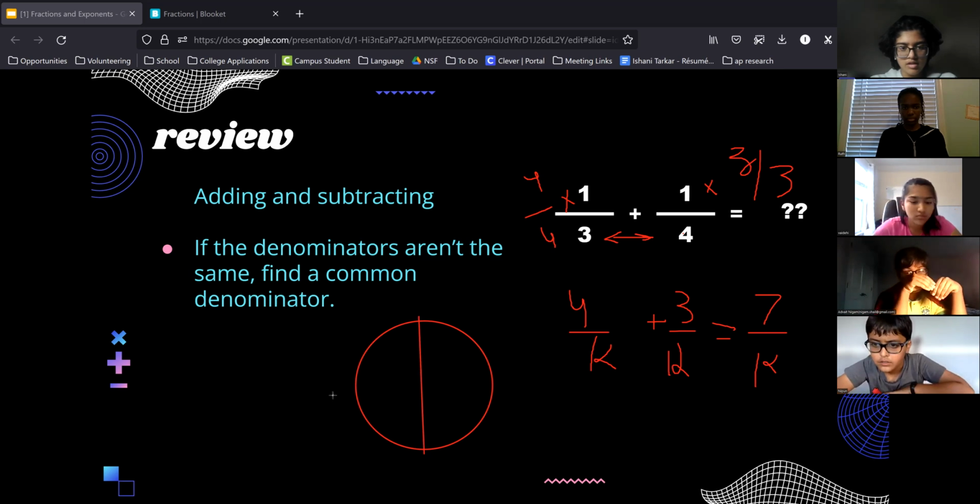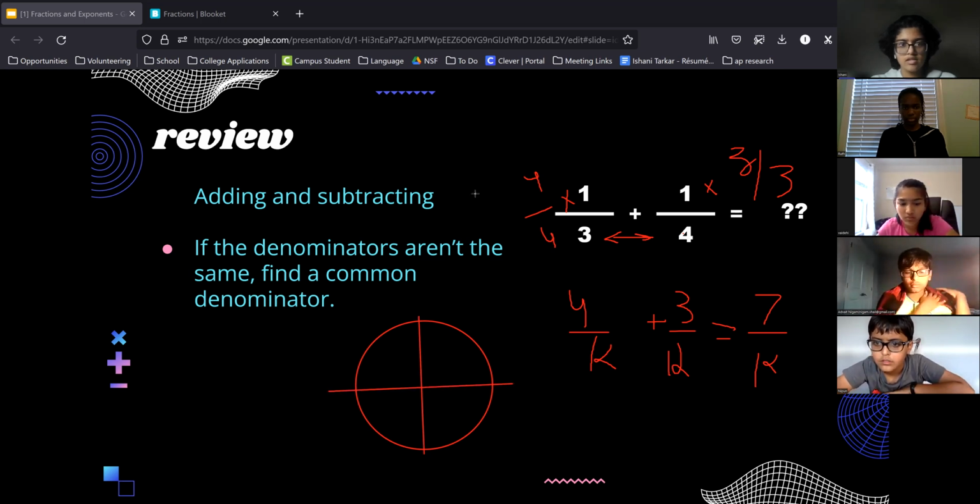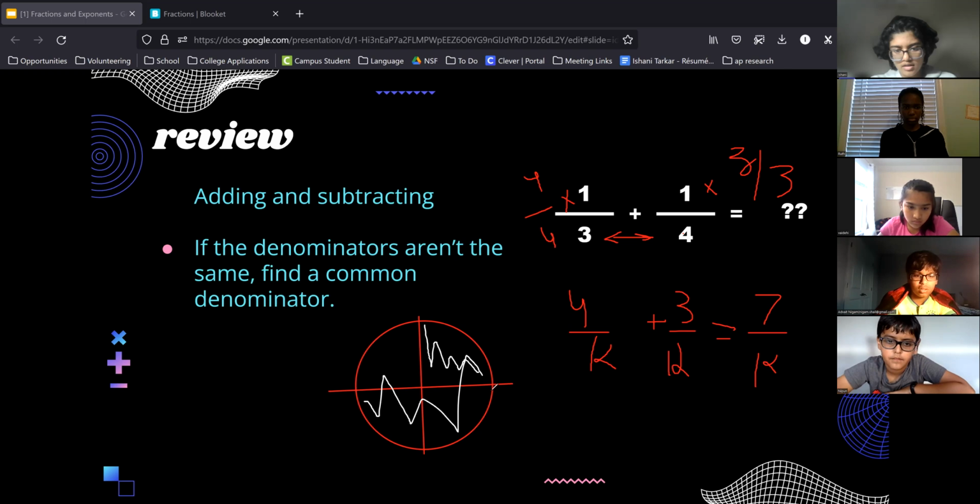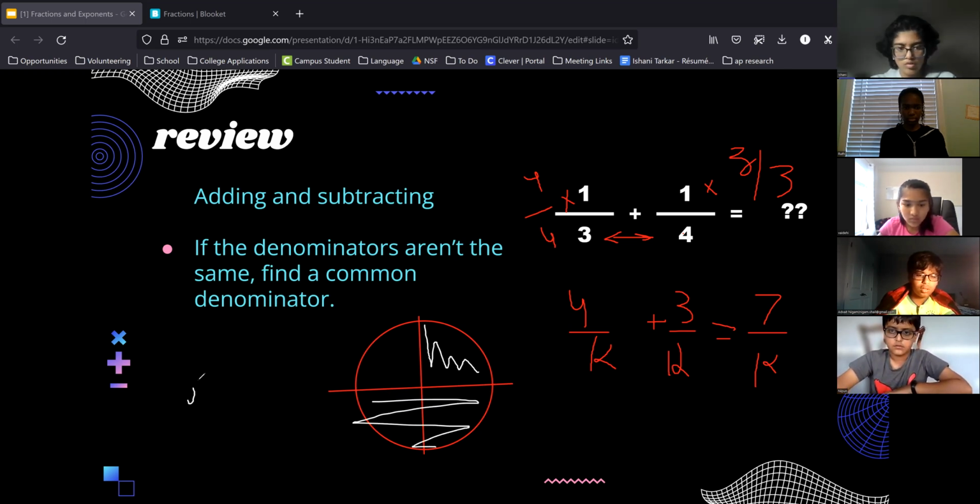Right? So say we have a pizza that looks like this, right? And we had someone who took 1/4 and someone who took 1/2, right? 1/2 is equal to 2/4 of the pizza, right? If we were to add 1/2 and 1/4, we don't magically get 6 total pieces, right?